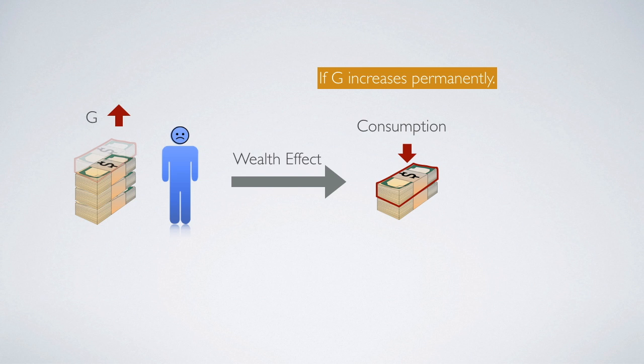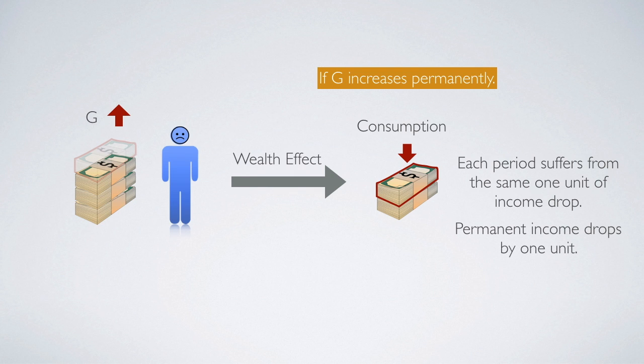But the story would be different if government purchase increases permanently, which means that such a one-pile cash drop happens permanently for every period. In this case, each period suffers the same 1 unit of income drop. Then permanent income actually dropped by 1 unit.